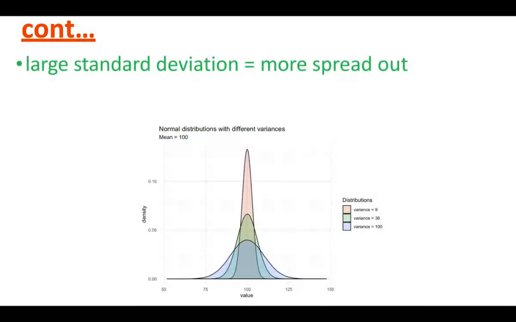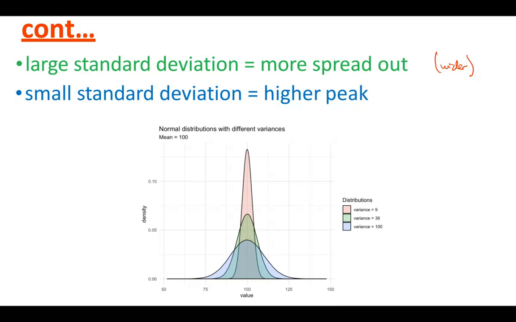A couple other things about the shape. If there's a large standard deviation, meaning that it is more spread out, it's going to look wider. So it's sort of wider in this case. If there's a small standard deviation, meaning that it is sort of more scrunched together, it's going to have a higher peak. So it's going to be skinnier. So here's just a couple different examples here.